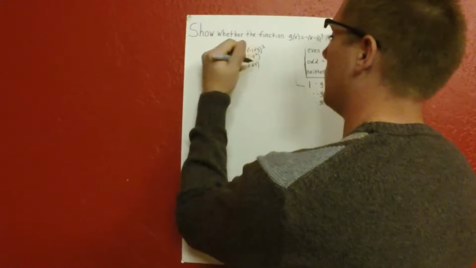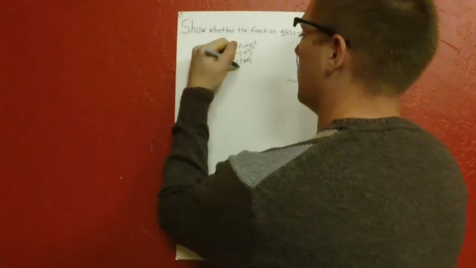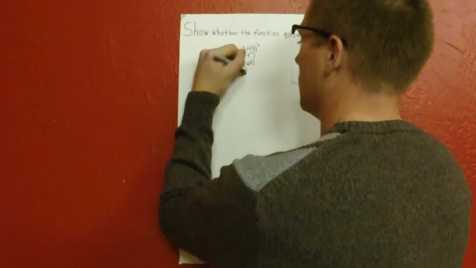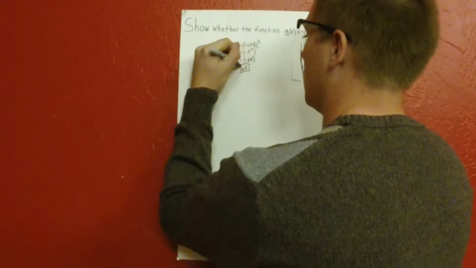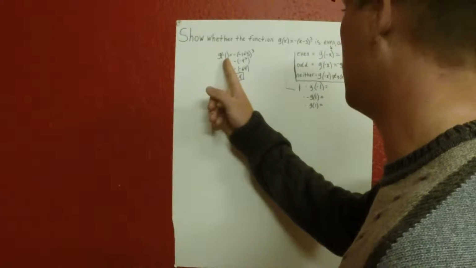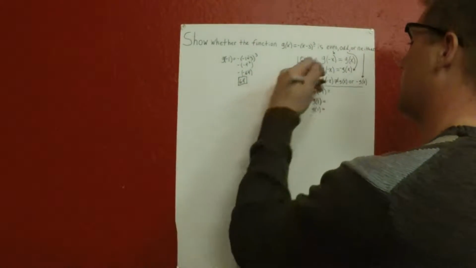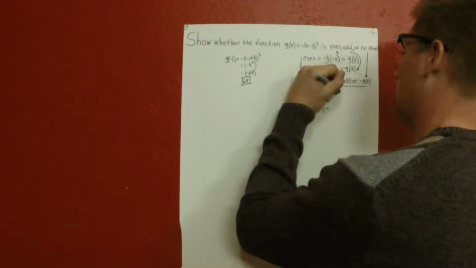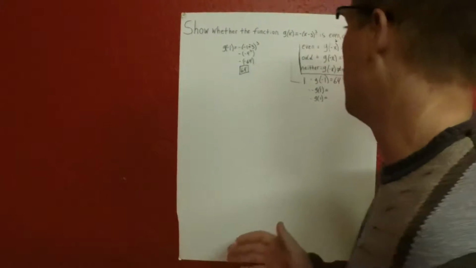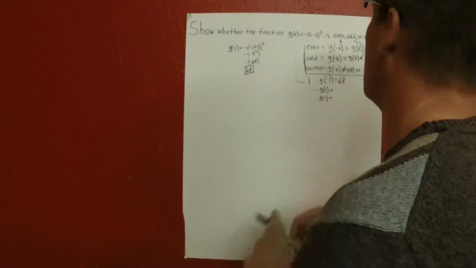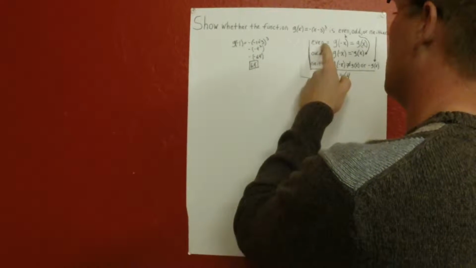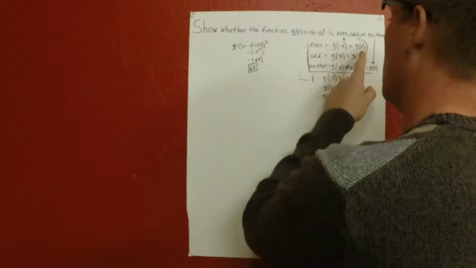Then we still have this negative on the outside, which turns this into a positive 64. So when you plug in, g of negative 1 gives us 64.